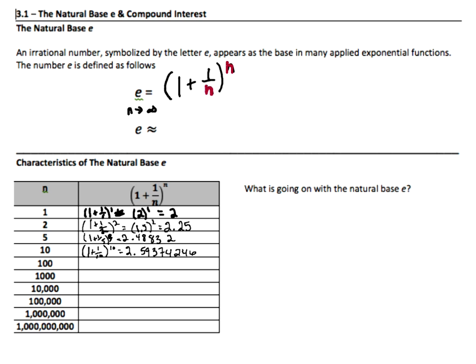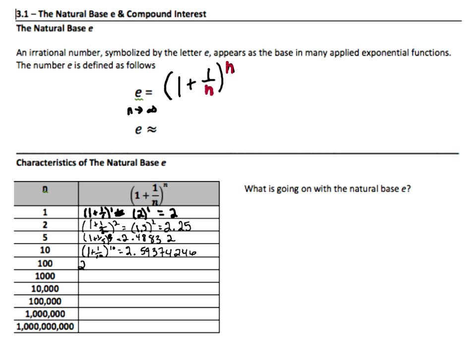Okay, so when n is 100, I have 1.01 raised to the 100th power. So once again, that fraction's getting smaller and smaller, but you're raising it to a bigger and bigger number.